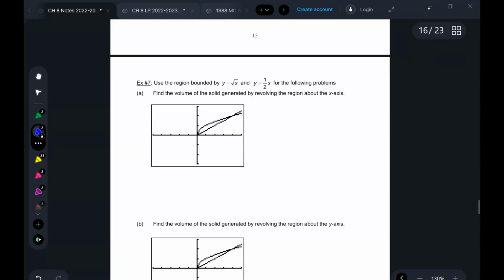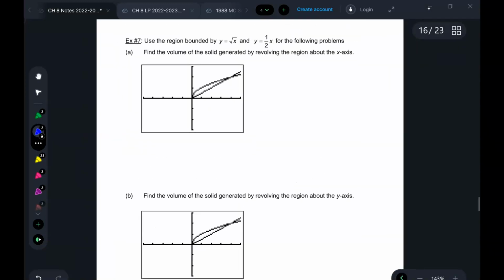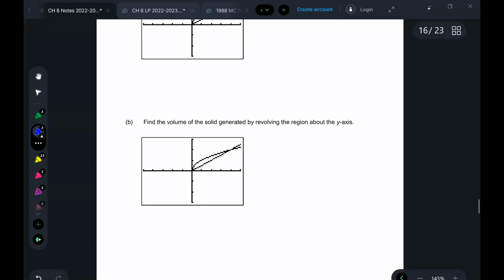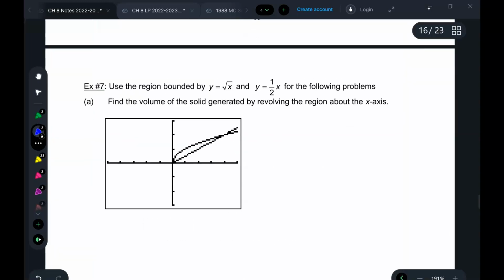Okay. This is the exact same. So for this example, I'm using the same 2 curves. For the top one, I want to look at what's the volume when we rotate it about the x-axis. And then this one, we're going to rotate it about the y-axis. Okay? So let's identify the top one is root x and the bottom one is a half x.